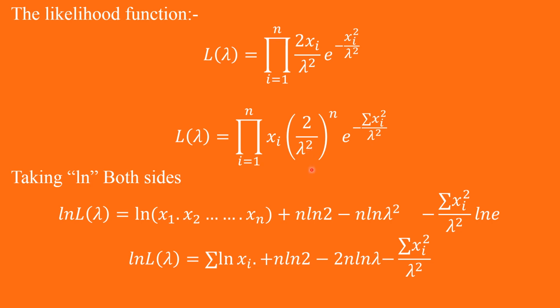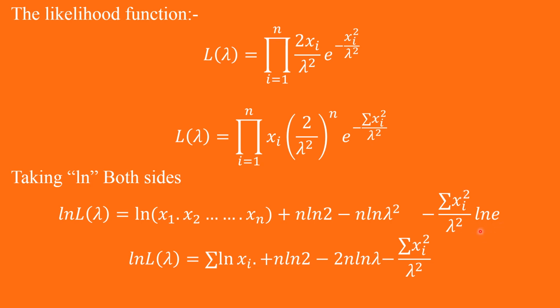Coming towards the second term, 2 over lambda square power n, we have n ln 2 minus n ln lambda square. The power n will be brought before the log. Similarly, for ln e power minus summation xi square over lambda square, we have minus summation xi square over lambda square ln e.